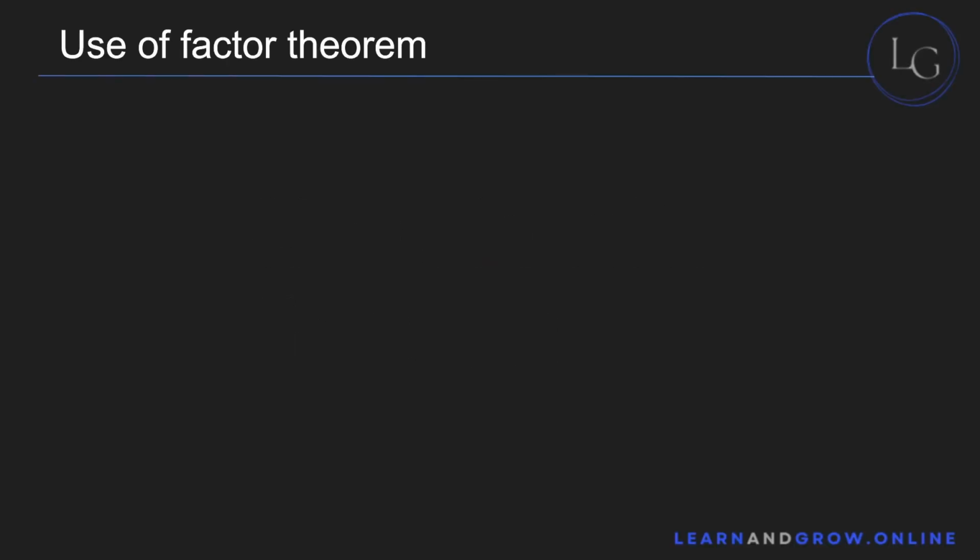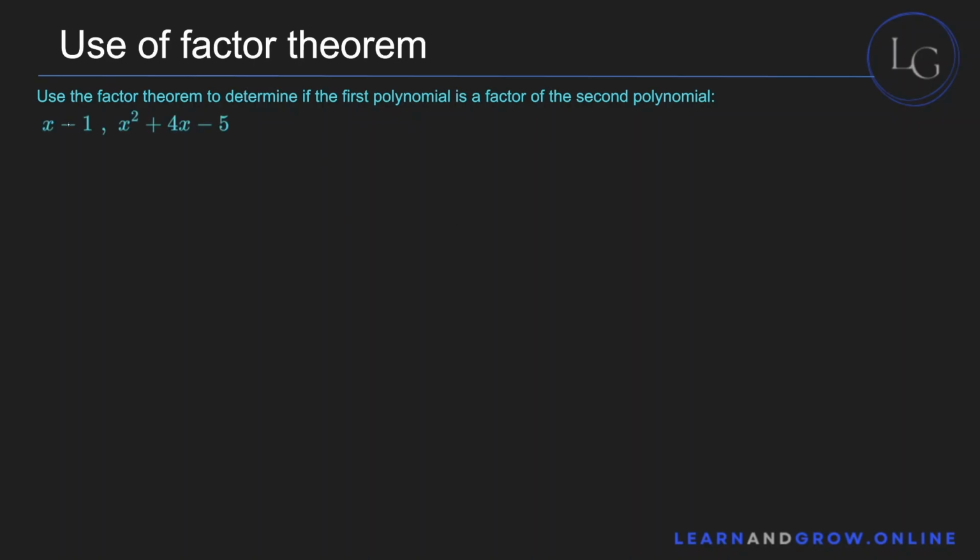Now let's discuss the factor theorem. We discussed the remainder theorem earlier, so the factor theorem is somewhat similar to it. We have this question here, and this will perfectly explain what the factor theorem is. It says to use the factor theorem to determine if the first polynomial, this one here, is a factor of the second polynomial, this one here, which means that if you factorize the second polynomial, you'll get this x minus 1 as a factor.